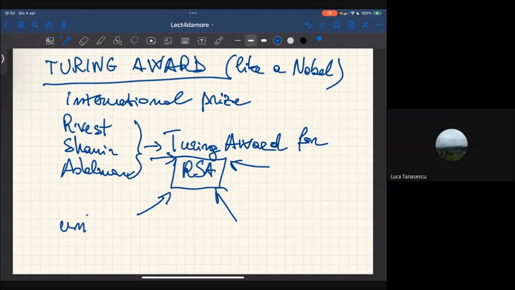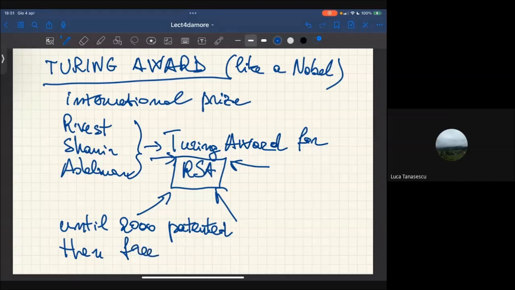Until 2000, it was patented. Then later, it was free. So today it is free to use RSA.